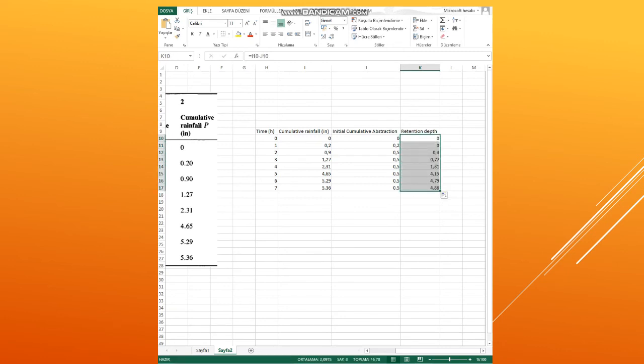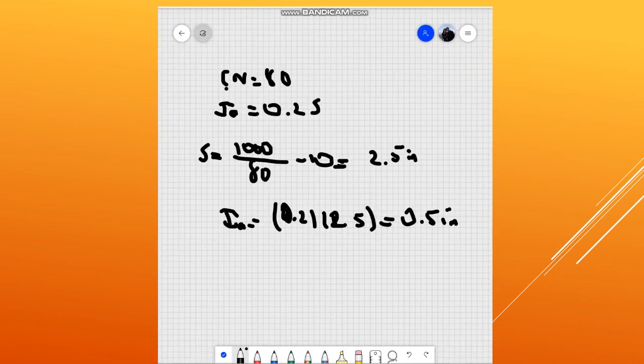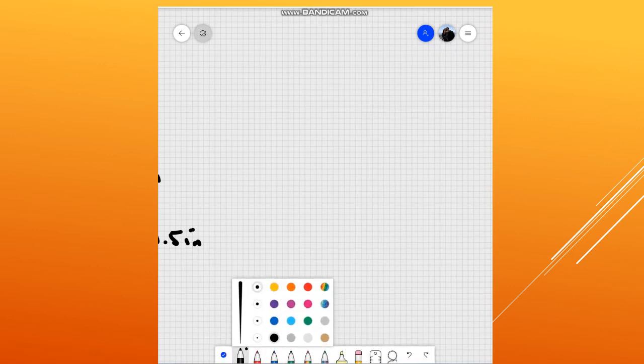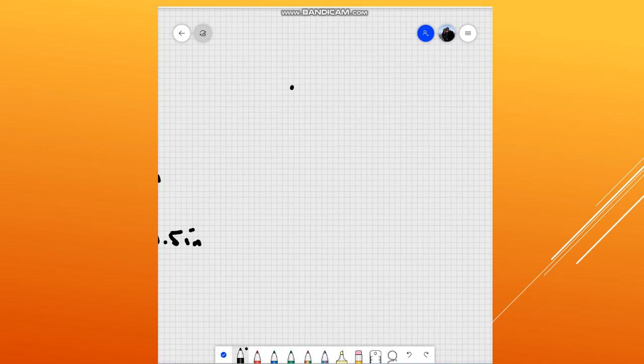So this is also inch, but this both is inch. Till here is fine, but then after that we need to use here FA formulation, which is S minus, let me write it down here. From here we need to write it down, not the cumulative retention.